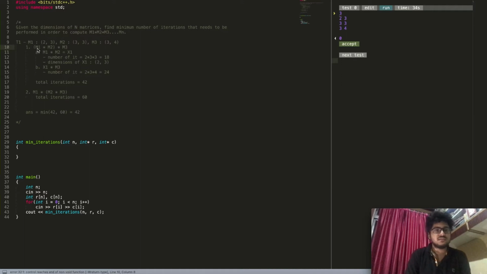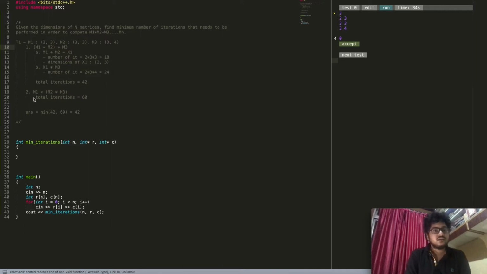So now there are two ways to actually evaluate m1 star m2 star m3. The first way is we multiply m1 star m2 first and then we multiply the resultant with m3. In this case the total number of iterations will be equal to 42. How? The number of iterations for multiplying m1 star m2 will be equal to 18, and if we say that the resultant of m1 star m2 is x1, the number of iterations made when we multiply x1 with m3 will be equal to 24, so the total is 42.